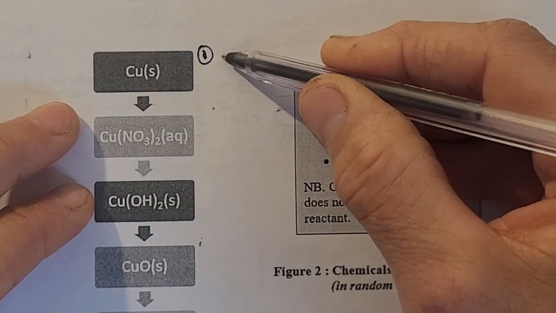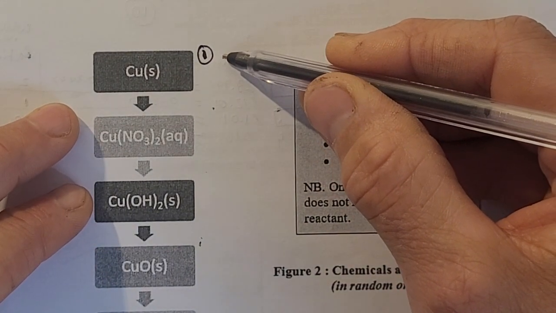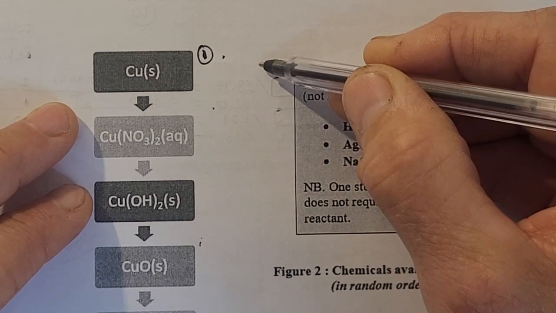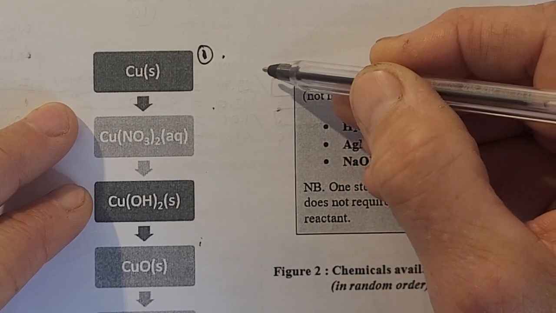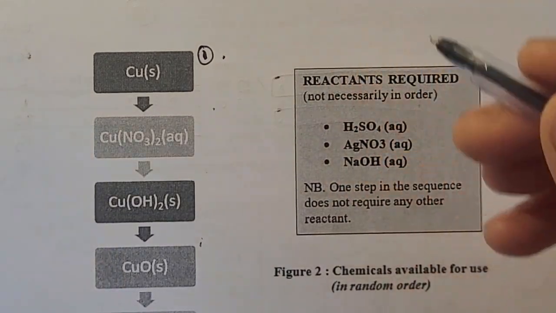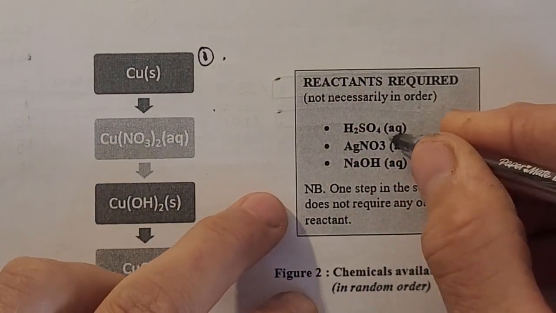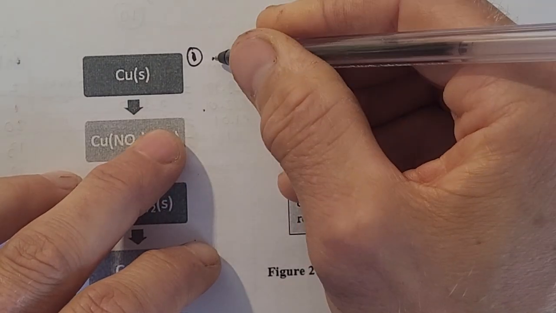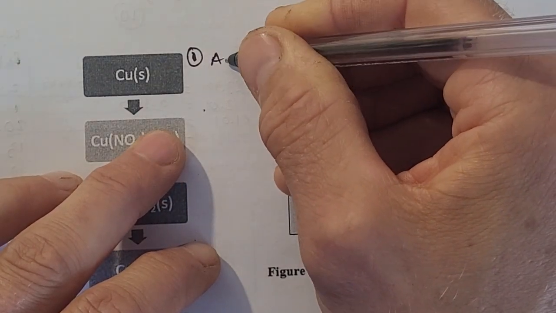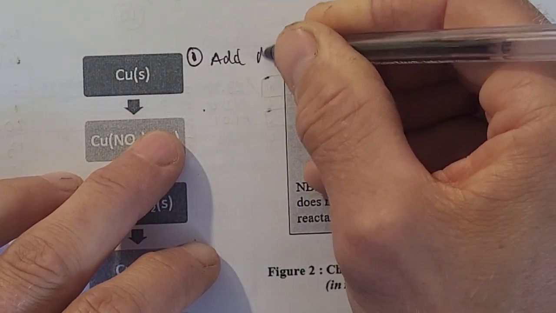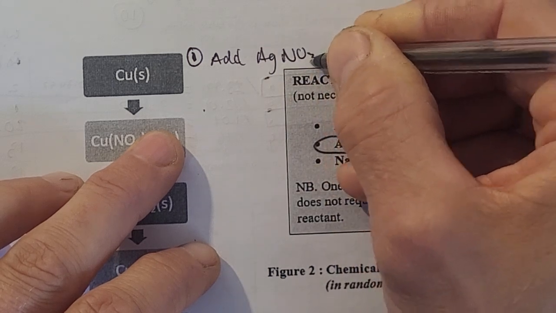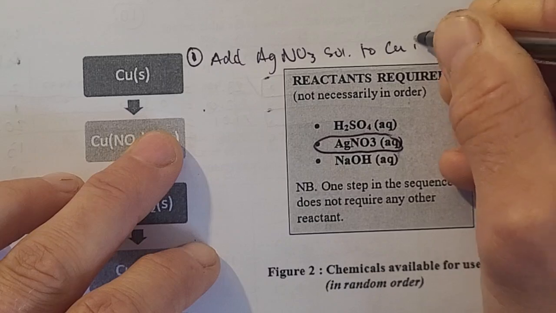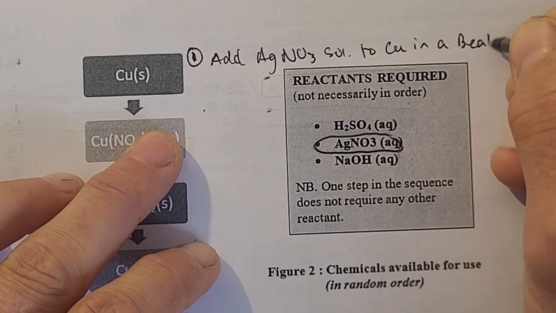You want some small pieces, powderized metal would be good, in a beaker, and then you're going to add, so we want excess copper, and we're going to add the silver nitrate. Add AgNO3 solution to copper in a beaker.